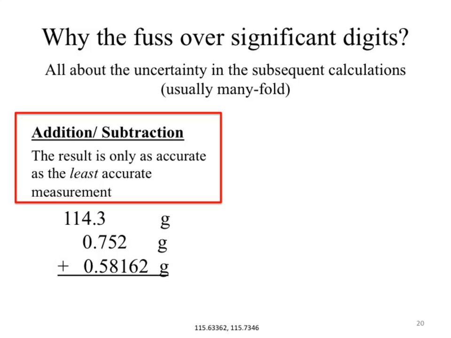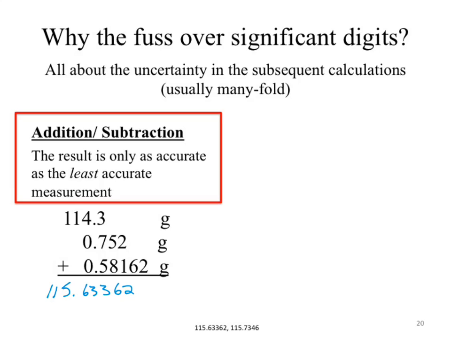Some of them are not. So what does this add up to be? No one give me the number right away. I think it's 115.63362. Psychic, I'm really good at math. Okay, so we put it in the calculator, and that's what it spits back at us.